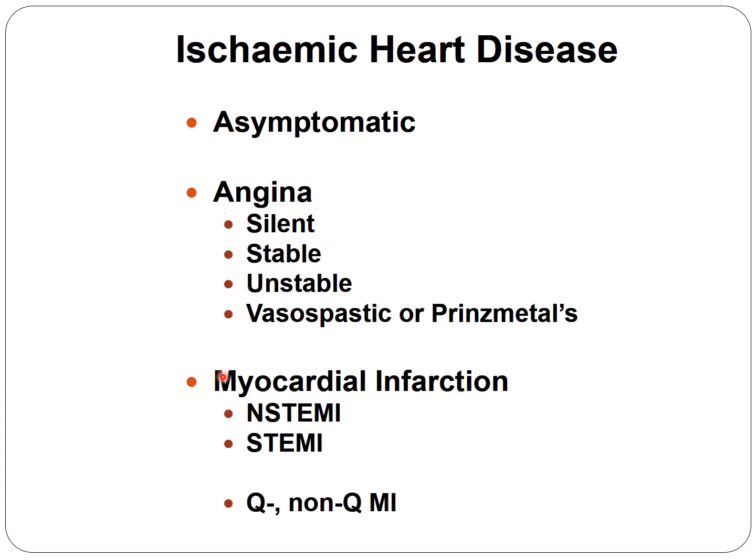And further, the more severe myocardial infarction can be classified as NSTEMI and STEMI, non-ST elevated myocardial infarction or ST elevated myocardial infarction. And another, Q and non-Q MI, which today have less and less importance.